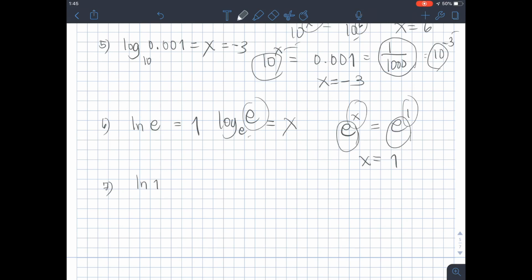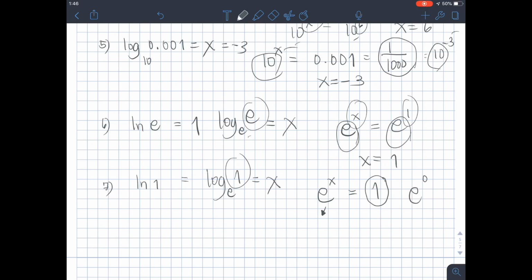Okay? Next, ln 1. Okay, so natural logarithm ulit. So equivalent yan sa log 1 base e, right? Equate natin sa x, then transform into exponential equation, base e raised to a known exponent na x equal to the power na 1. Okay, so itong 1, para maging kapareho tayo ng base na e dito sa left side, pwede na natin niyang gawing e raised to 0.